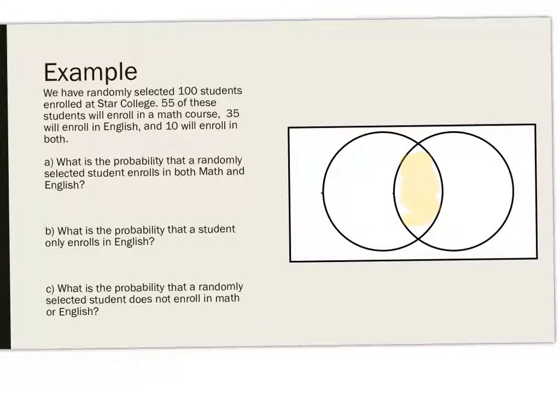And our two events are, we have the event that a person is in math, which we'll call M, or we have an event that a person enrolls in English, which we'll call E. So we have event M and event E. And here we know that out of 100 students, 10 will enroll in both. So that will sit here. This right here is M intersect E, math and English.